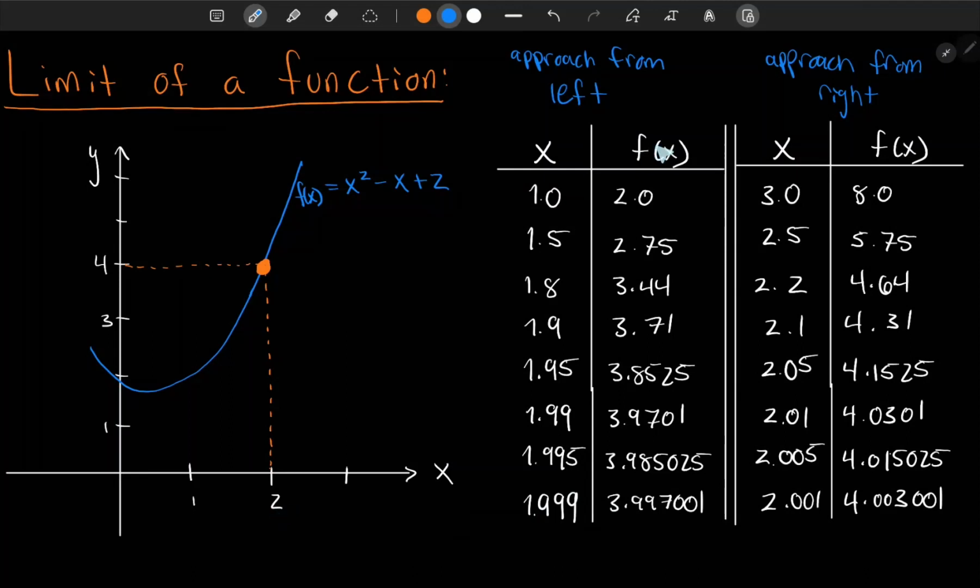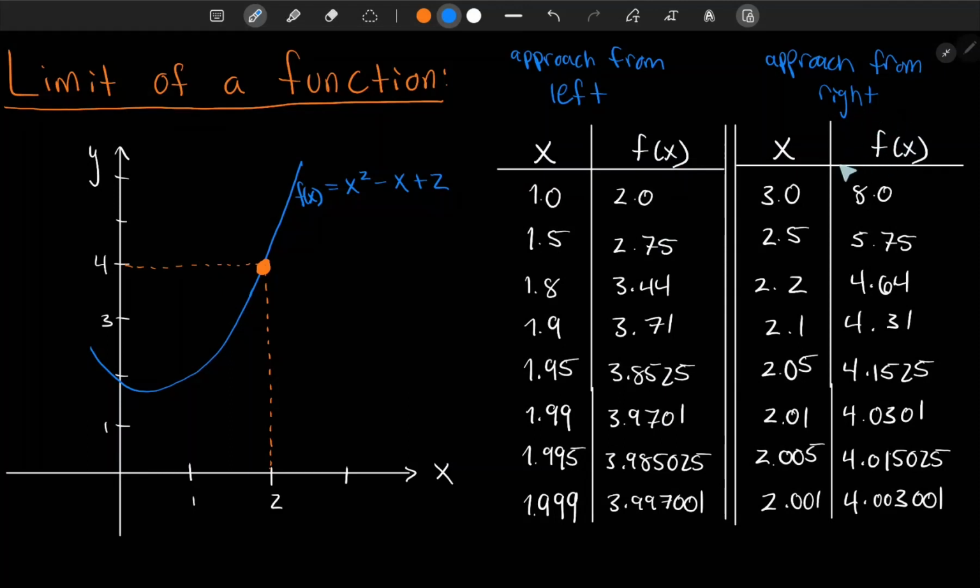And let's look at the f values as x gets very close to 2 from the left. The f values get closer and closer to 4. So at the very end, we have 3.997, which is very close to 4. So we can see that from the left, as x gets closer to 2, f gets closer to 4.